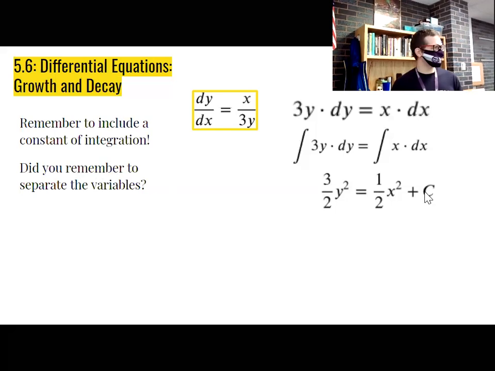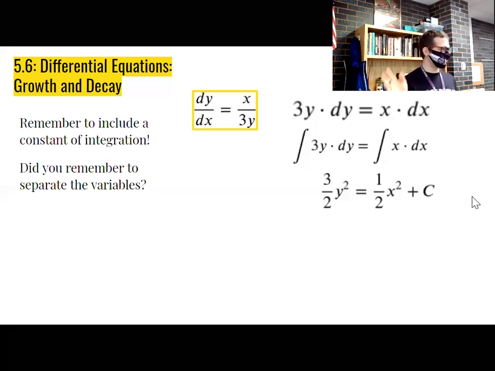All right. The idea is that if we put a plus c on both sides, that would be okay. But we don't know if they're the same plus c, and they would be different. So then you'd have to give them both subscripts to say they're different c's. So it's easier when you have two integrals like this, just to put one constant of integration on one of the sides.